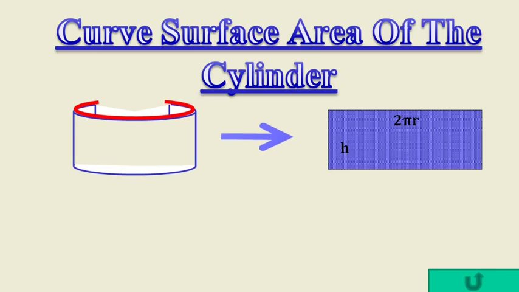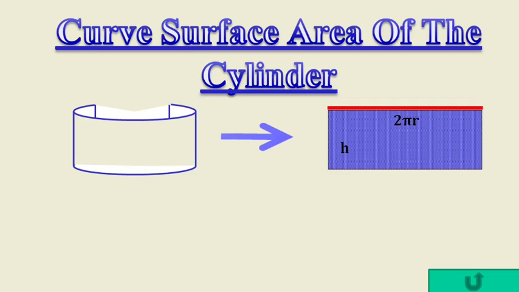And we know the circumference of a circle is 2 pi r. That's why the length of the rectangular sheet is named 2 pi r, because it is the circumference of the circle, the same as the circumference of the curved surface of the cylinder.